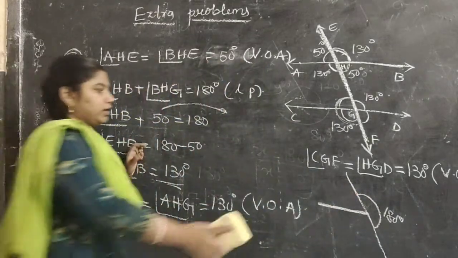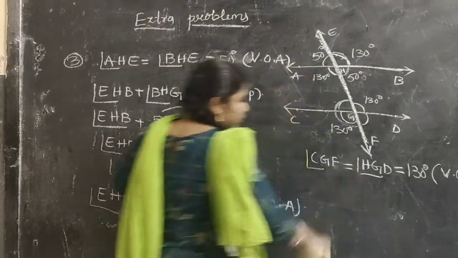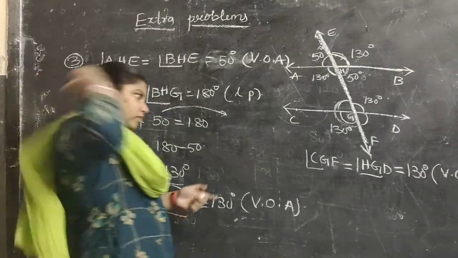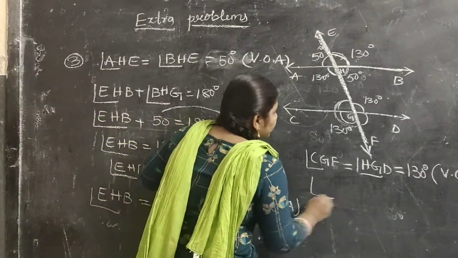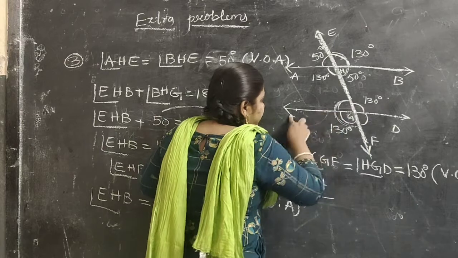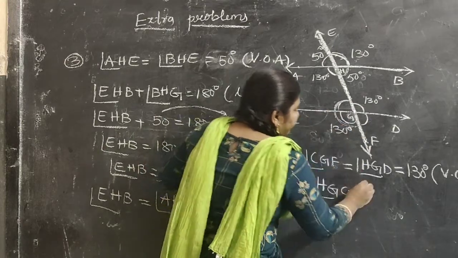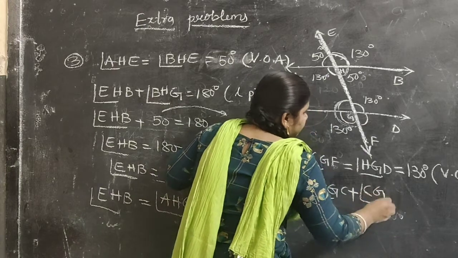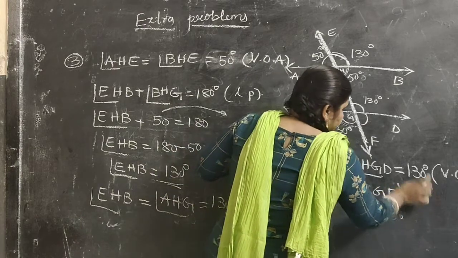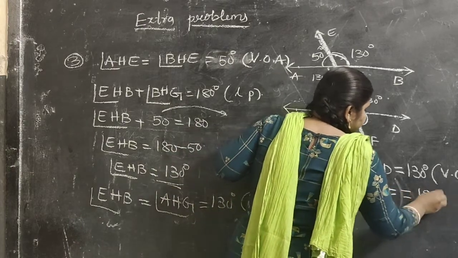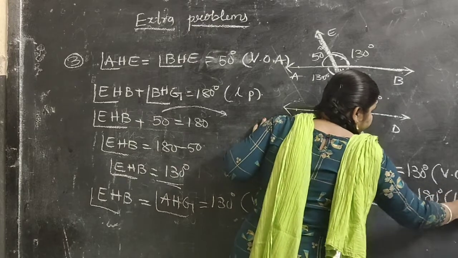So we can take angle HGC plus CGF is equal to 180 degrees because it forms a linear pair.